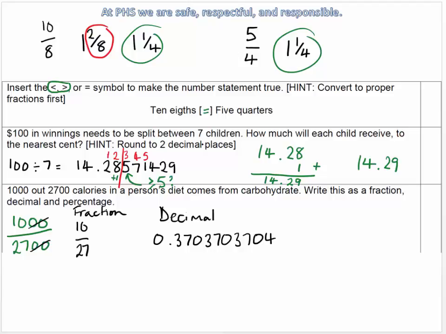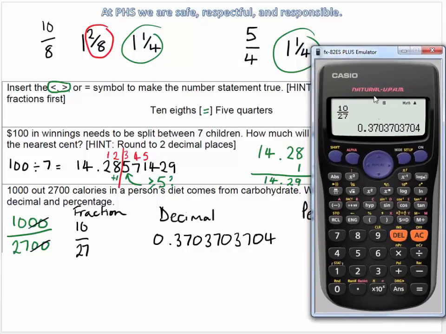Okay, so for the next part, we want to do that as a percentage now. Now if I want to go from a decimal, or a fraction for that matter, to a percentage, I need to times by 100. So let's bring our calculator back in. Times by 100. Whoops, not 1,000, just 100.